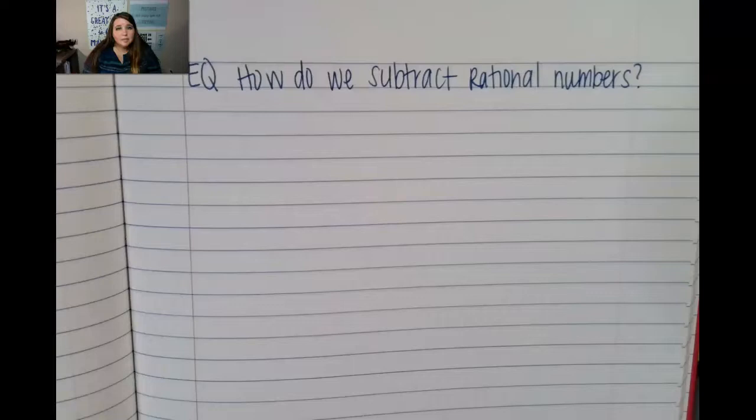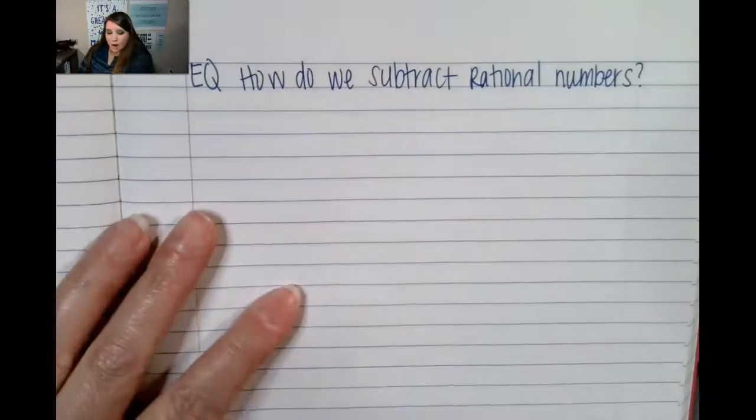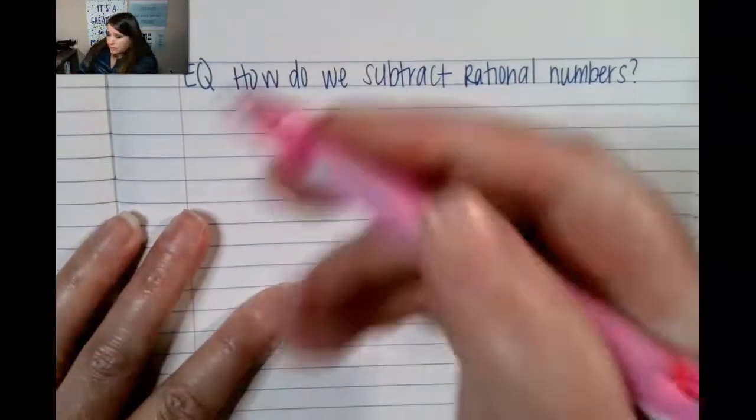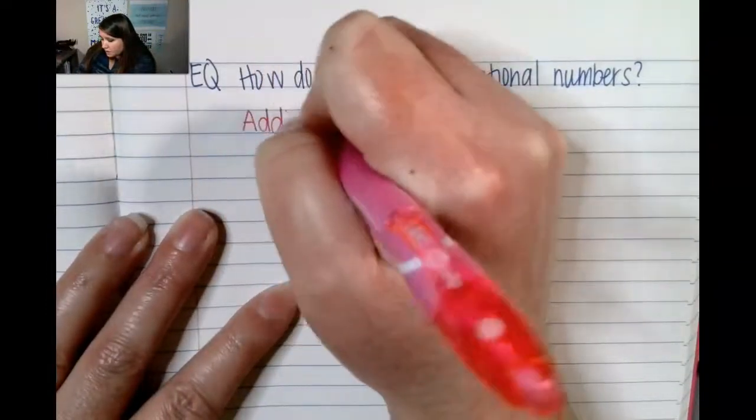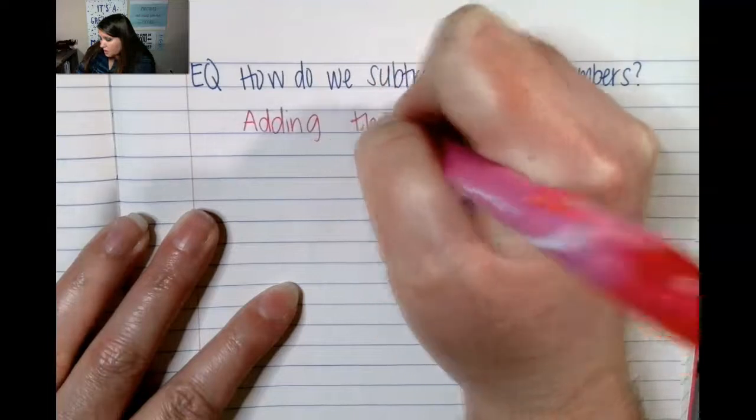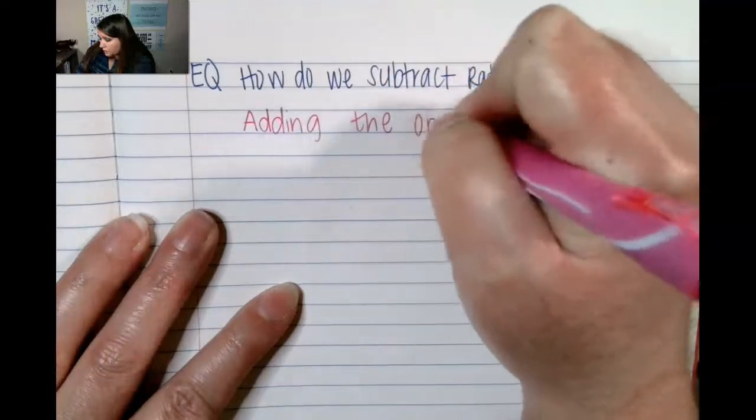So the biggest thing that we need to remember from our integers lesson that we can move forward is that when we subtract, we are really just adding the opposite.